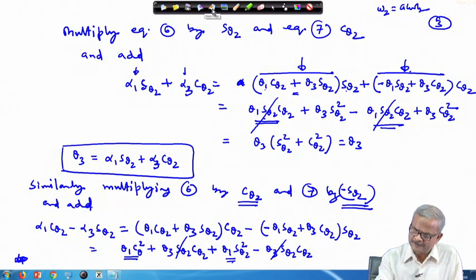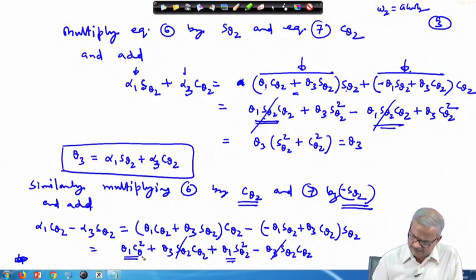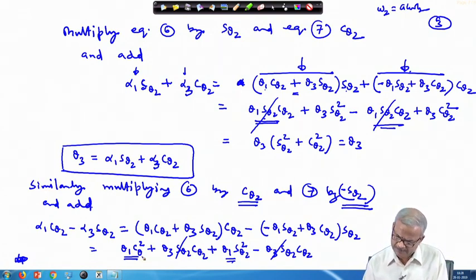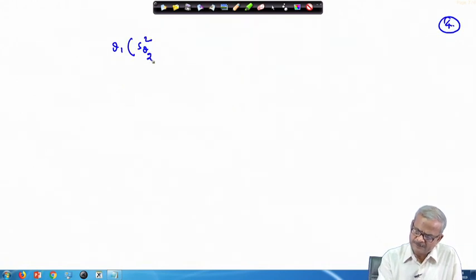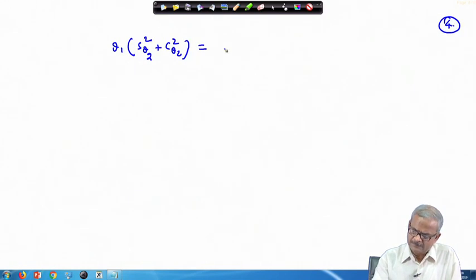So, that makes it theta 1 times s theta 2 square plus c theta 2 square, and on the right hand side, thereafter we can pick up this term and write here alpha 1 c theta 2 minus alpha 3 s theta 2.